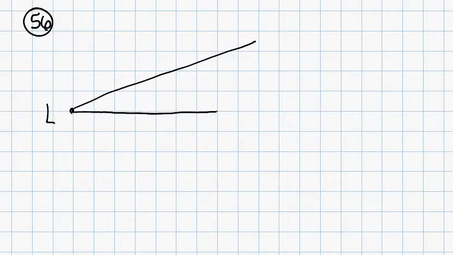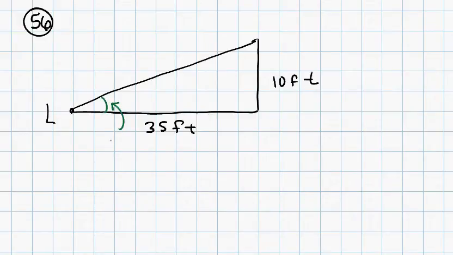So number 56, they give you a laser, and they give you a hypotenuse and a base of 35 feet, and they give you a height of 10 feet, and they would like to know the angle of elevation.